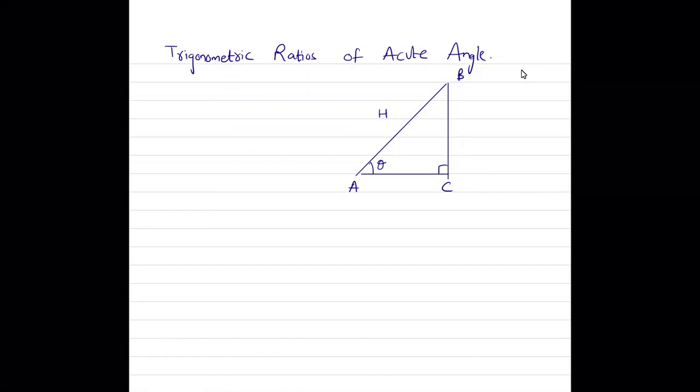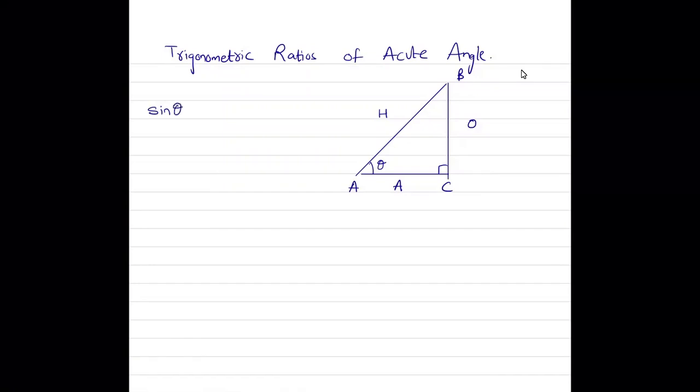The side that has theta and the 90-degree angle along with it is known as the adjacent side, and the side opposite to the given angle theta is known as the opposite side. Now there are three trigonometric ratios: sine, cosine and tangent. You always find the sine of an angle.